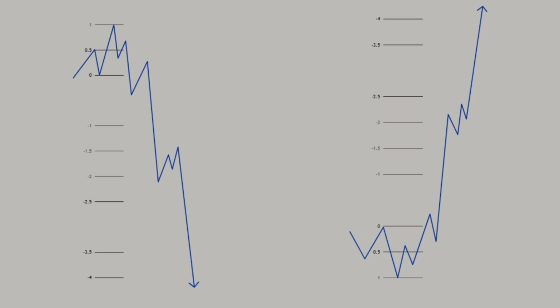When drawing out the standard deviation tool, we're only placing it on the manipulation leg or the first distribution leg. I want you to see closely how at negative 2 and negative 2.5, that is where we reaccumulate. We take some form of liquidity to push us down, or we catch a reversal. In this case, on the left-hand side, we reaccumulated and continued that move to the cap of the range at negative 3.5 and negative 4.